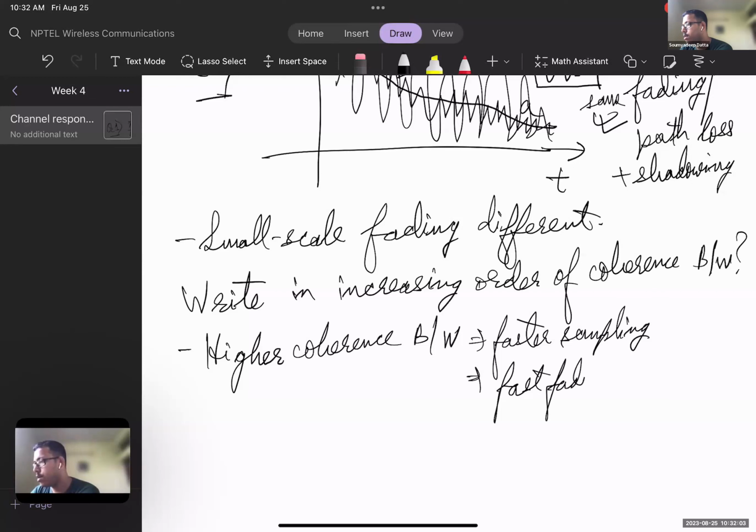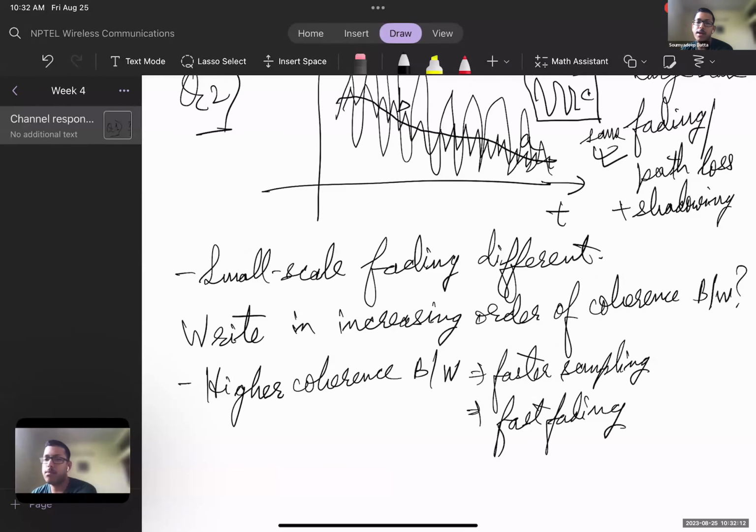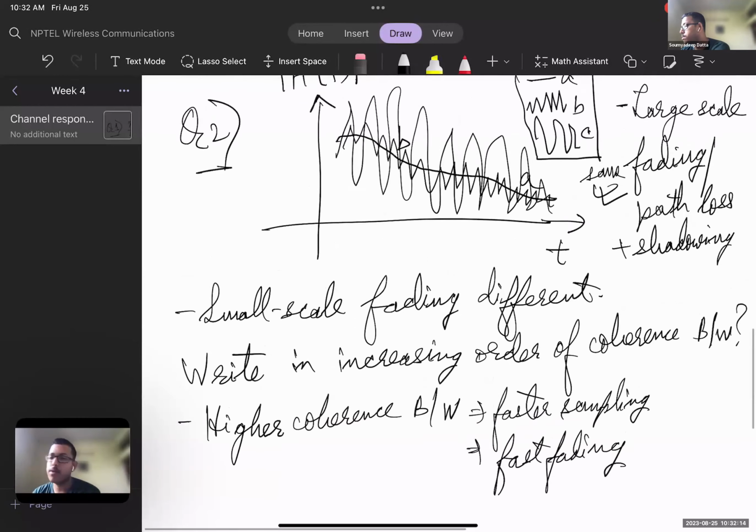Fast fading. So the channel is definitely fluctuating a lot more. So you really have to sample at smaller intervals of time so that you can capture the channel better.